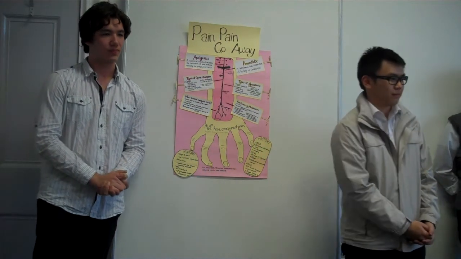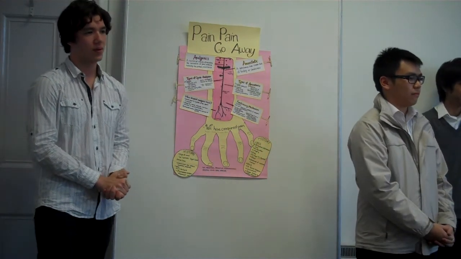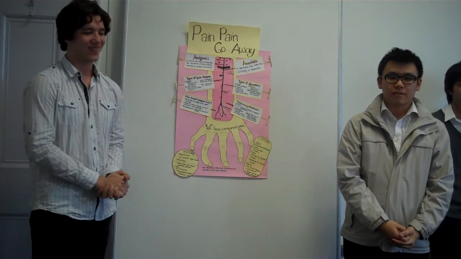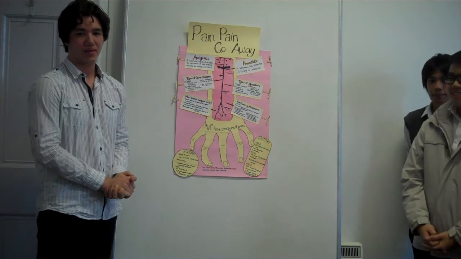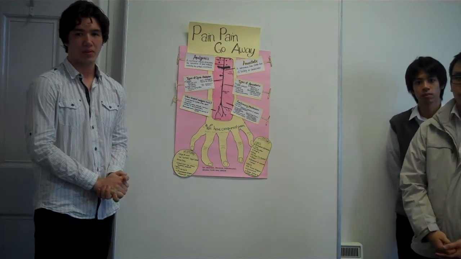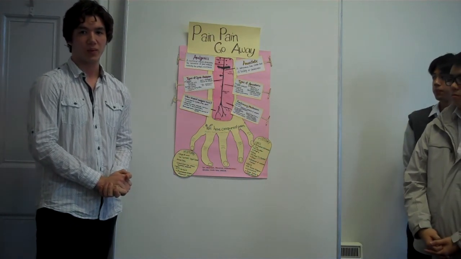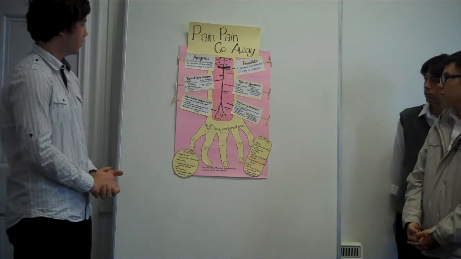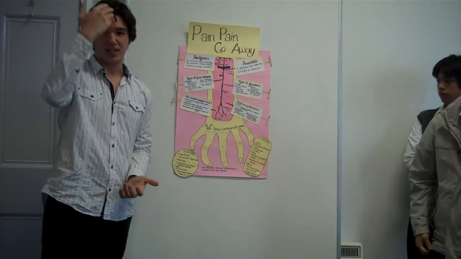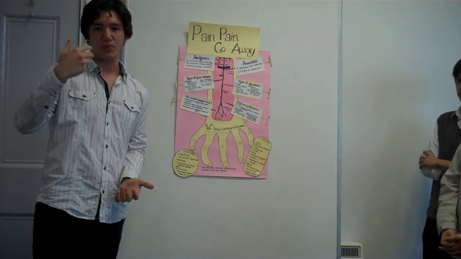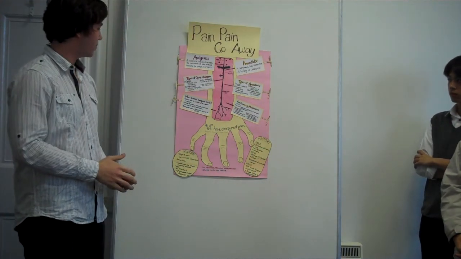Okay, do you have any questions? I've got lots of questions. Can you explain opioids again? What are they? Basically the opioid analgesics affect the central nervous system. How?